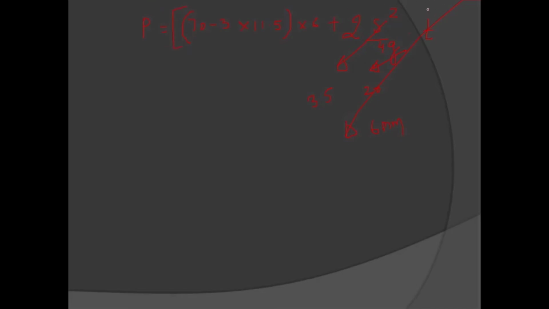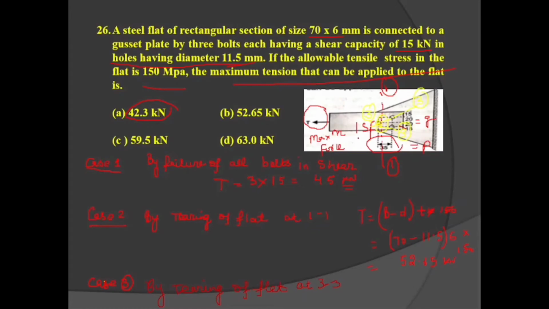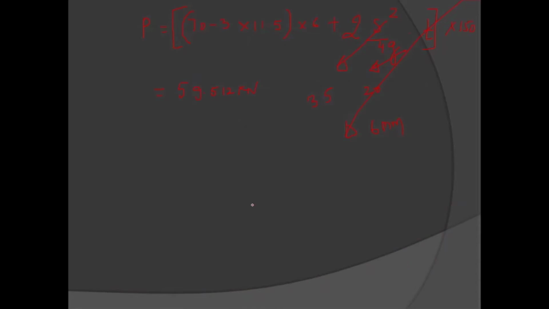We have to multiply this value by 150 megapascal. After calculation, I found the value of P is equal to 59.512 kilonewton. So my dear students, in general, if I am talking about the minimum value, 45, 52.65 and 59.512.